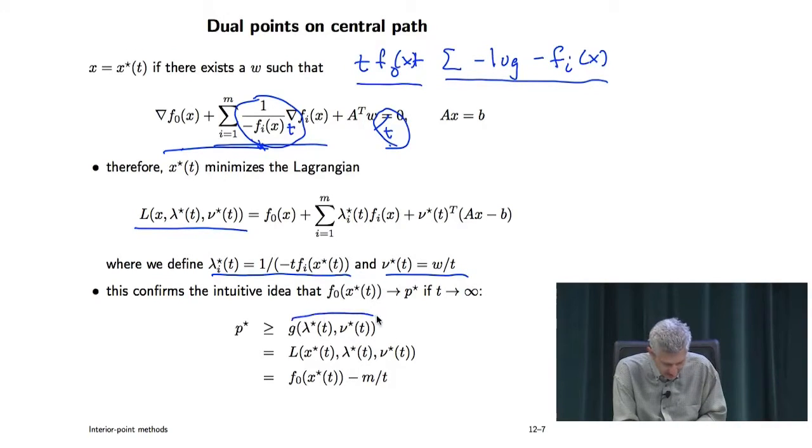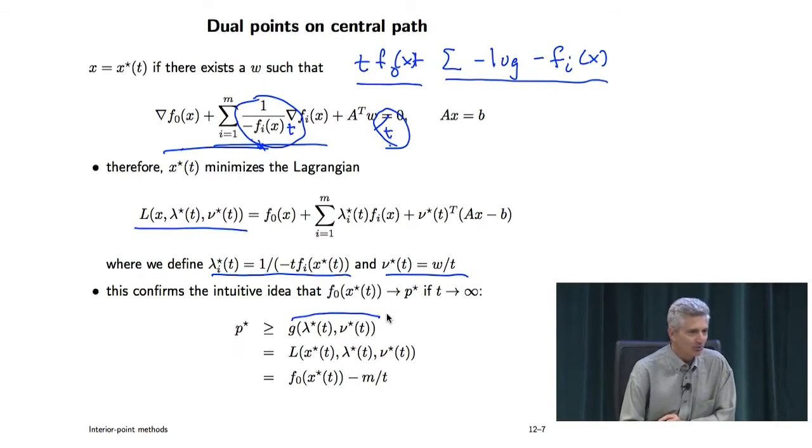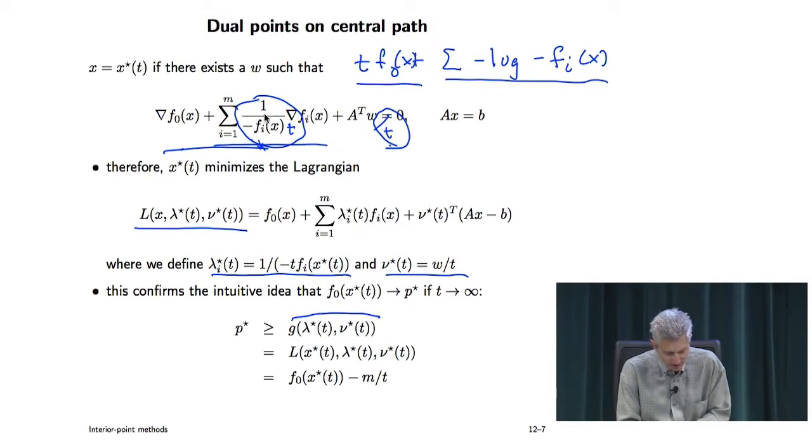Dual feasible means that this thing is bigger than minus infinity and therefore non-trivial. So let's work out what g is. Well, it's just L evaluated at these points. But that's f0 of x star of t, and then plus the sum of lambda_i star f_i. But lambda_i star is actually 1 over minus f_i of x star times t. They cancel. This is just m over t. It's nothing more. And so you get this.